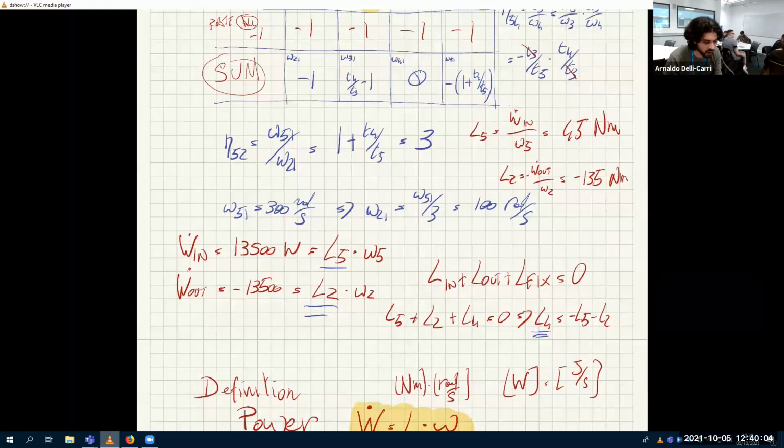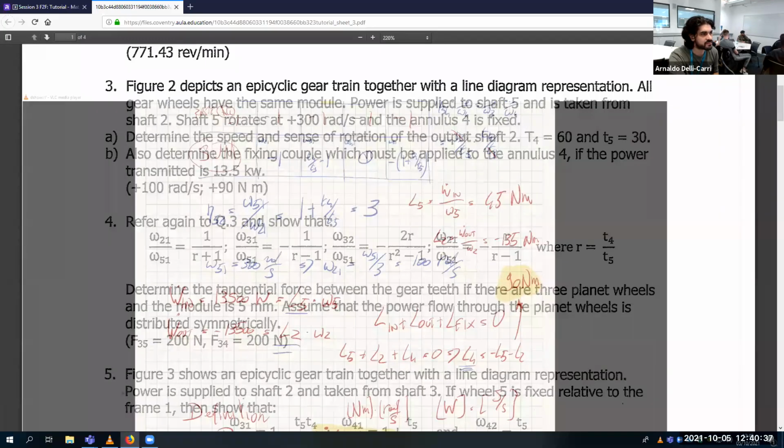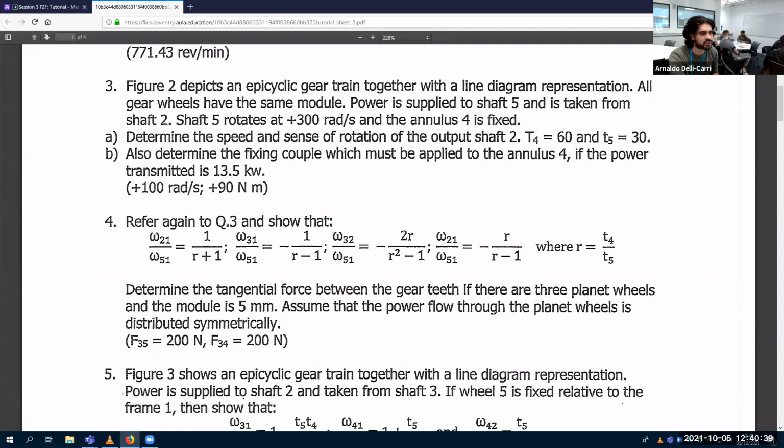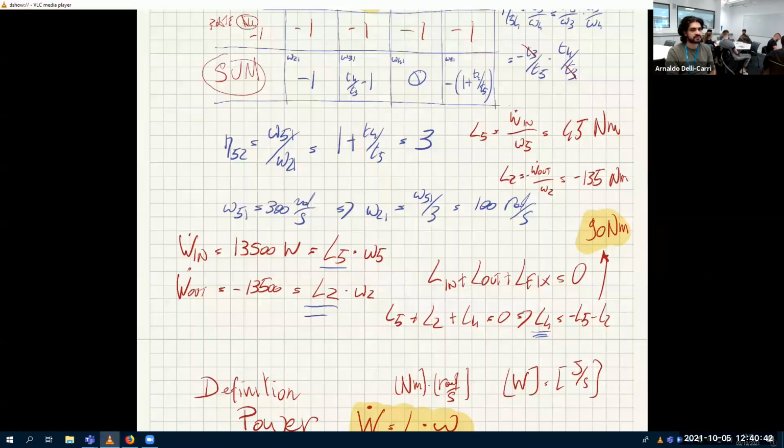And so that means that L4 is minus 45 plus 135, which is, how much is that? 90 Newton meters. There you go. So you need a torque of 90 Newton meters to make sure that the ring is fixed.